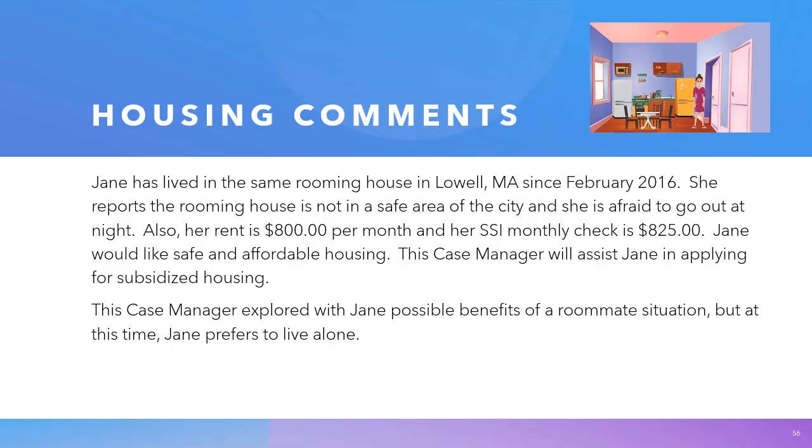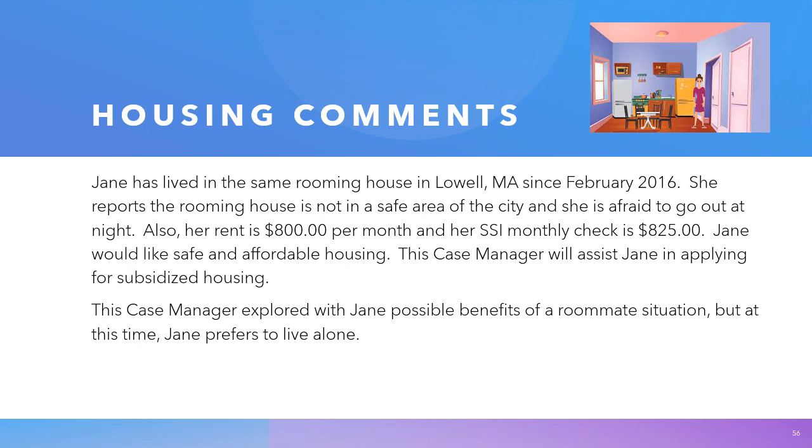Housing comments. Jane has lived in the same rooming house in Lowell, Mass. since February 2016. She reports the rooming house is not in a safe area of the city and she's afraid to go out at night. Also, her rent is $800 per month and her SSI monthly check is $825.